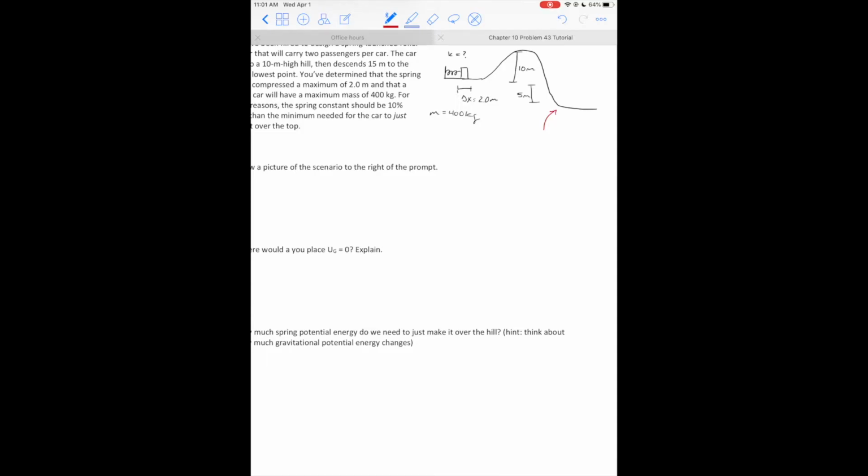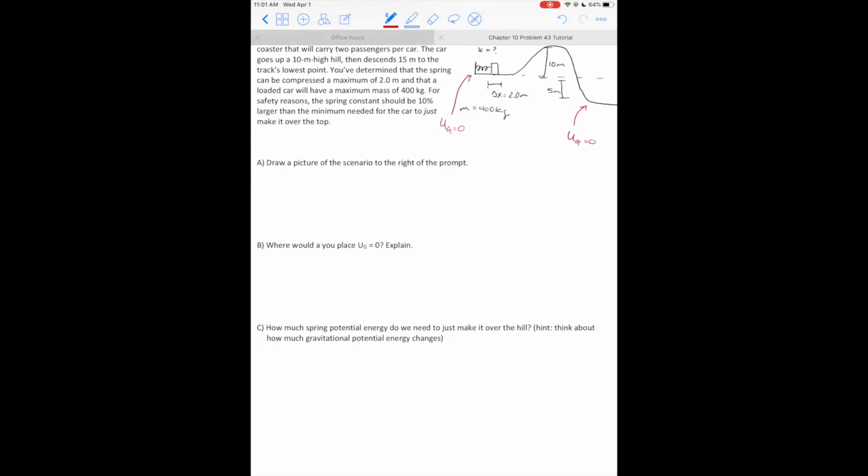We could say UG equals 0 here, and then everything is relative to this point. Or we could say that we start with 0 potential energy, UG equals 0 up here, and that way when we actually go down we're at a negative potential energy. That's perfectly fine. I think either way is perfectly reasonable to do.